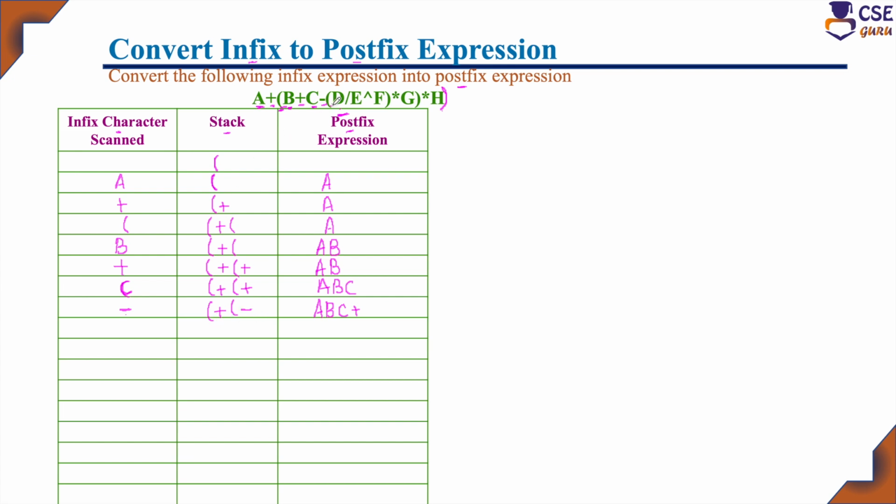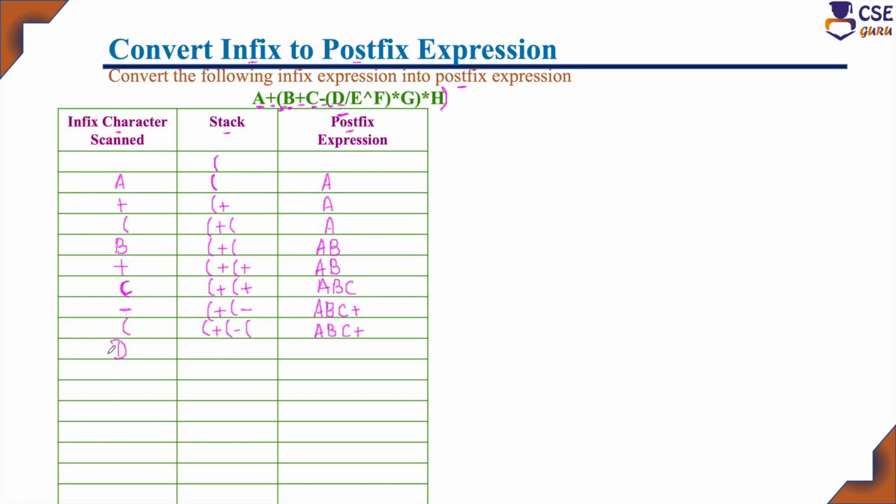And next comes the open parenthesis. If it is an open parenthesis, push it onto the stack. So the stack content is open parenthesis plus open parenthesis minus, and then one more open parenthesis. And the postfix expression is A, B, C plus. And then the next symbol is D. D is an operand, so it is a character.